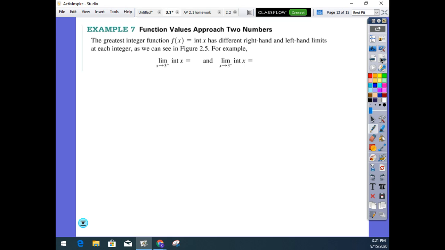All right, the greatest integer function. You're going to have to really kind of squish this over on the side. So if I look at the greatest integer function, that's what int x is. That's the step function that goes like this. If you want to know how to graph this on your calculator, go to y equals and clear out the function there.